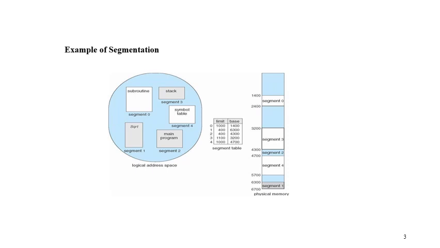A segment here is a logical unit, such as the main program and procedural functions. Here we have the main program and different types of stacks and tables, and all these segments contain the main program, some procedural functions and some methods.